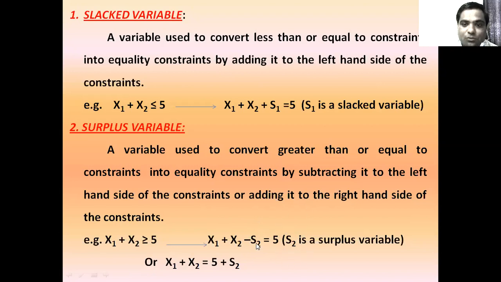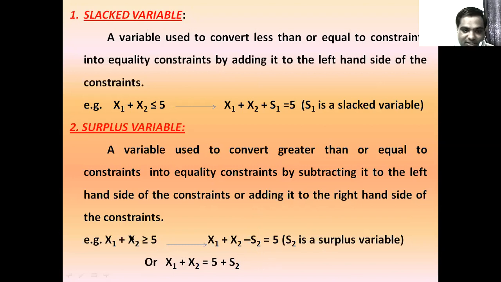Here s2 is a surplus variable, subtracted from the left hand side of the constraint, or added to the right hand side: x1 plus x2 is equal to 5 plus s2. First we subtract it from the left hand side, or we can add s2 to the right hand side of the constraint. In this case, s2 is a surplus variable.